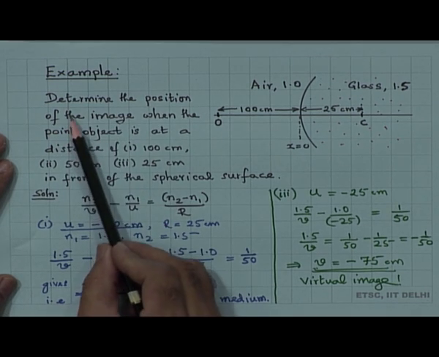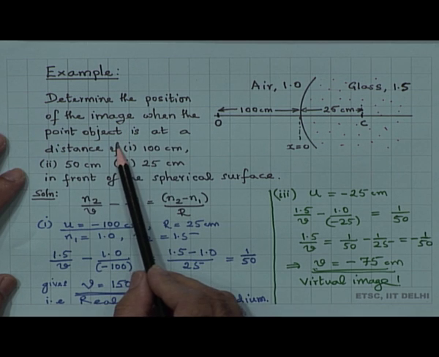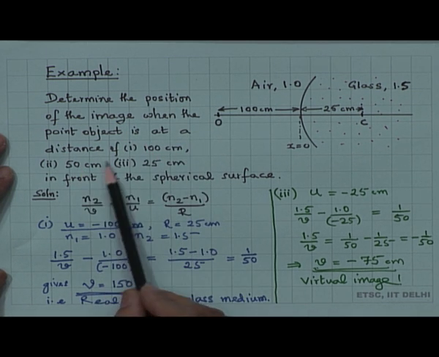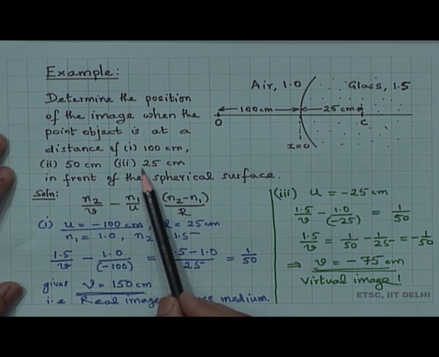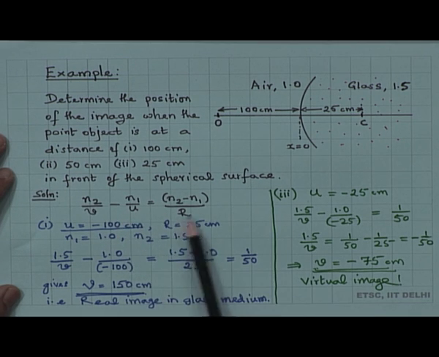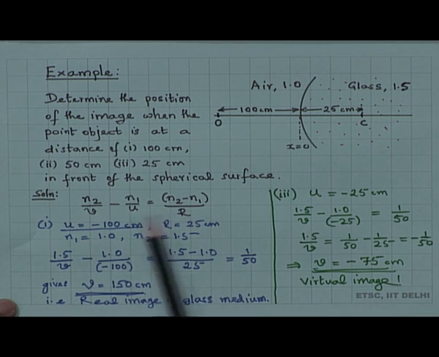The question is to determine the position of the image when the point object is at a distance of 100 centimeter, 50 centimeter and 25 centimeter. It is a simple problem, basically substituting in the formula we have just now derived for a single interface.